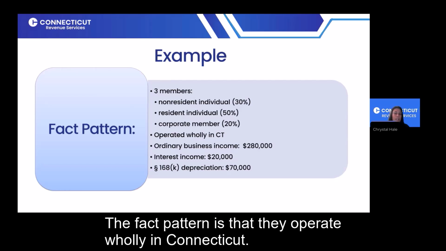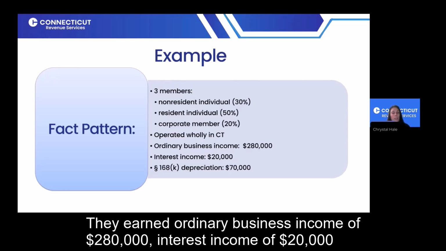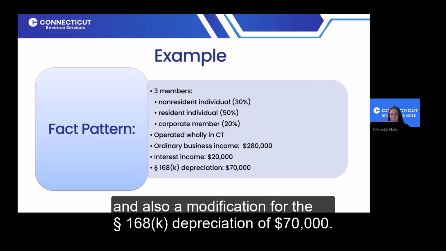The fact pattern is that they operate wholly in Connecticut. They earned ordinary business income of $280,000, interest income of $20,000, and also a modification for the 168K bonus depreciation of $70,000.